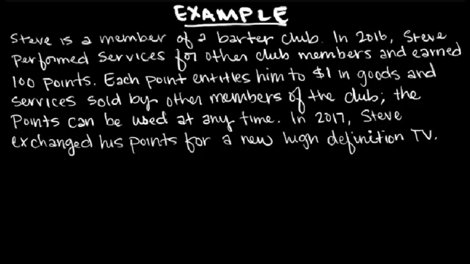So when does Steve have to recognize income and be taxed on that? In 2016 or in 2017? Well, since the $100 was earned in 2016, he has to recognize the income in 2016, not in 2017 when he used them, because they were readily available.